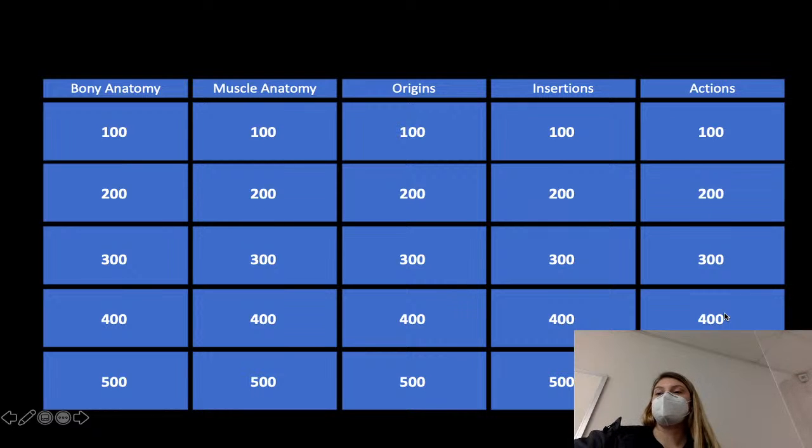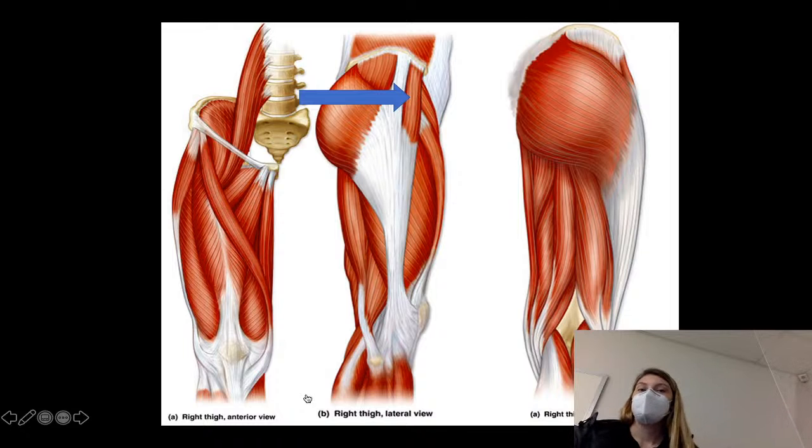Do you guys want muscle anatomy for 5? Okay. What is the blue arrow pointing to? Nope.